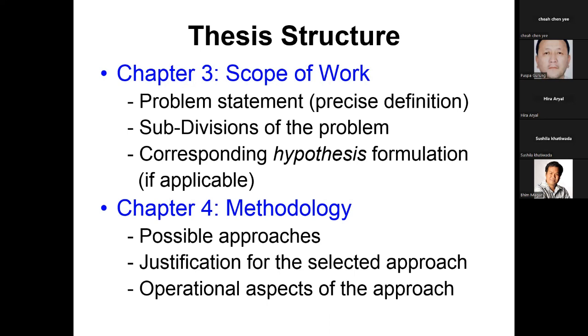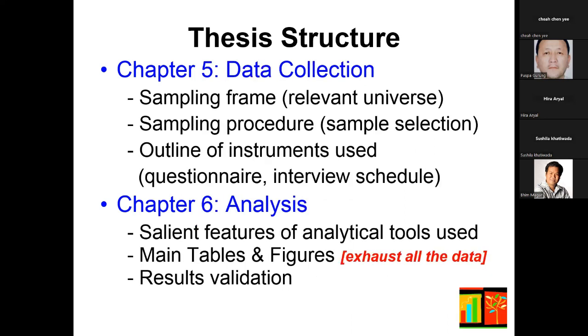Generally, for the research methodology, whichever type you are going to apply in your research thesis, you have to make a justification of that. Then data collection comes: sampling frame, how you are going to frame your collection of the materials.